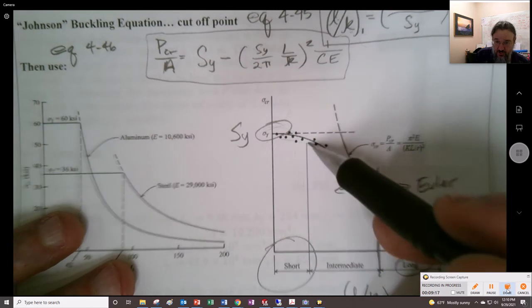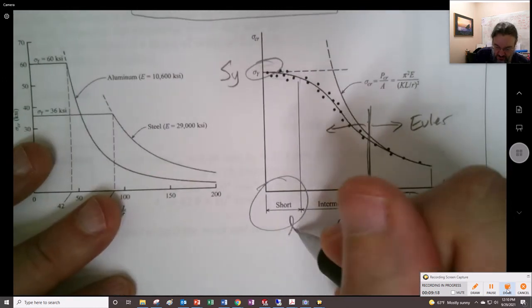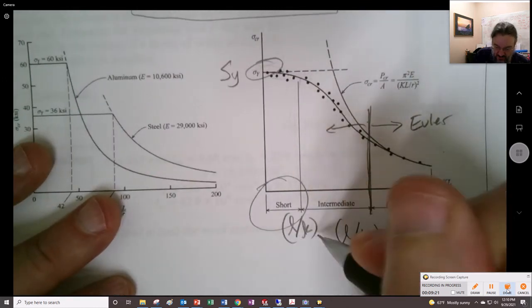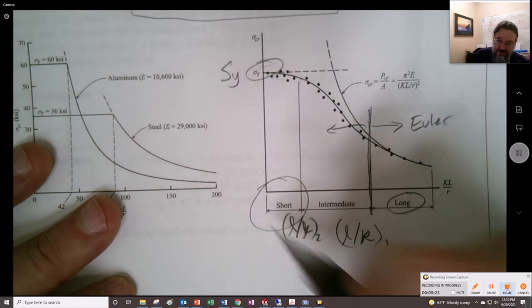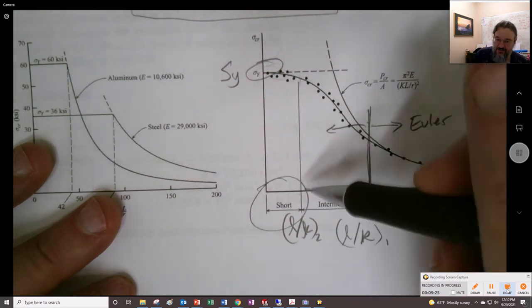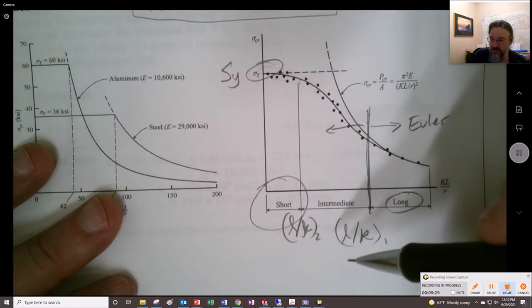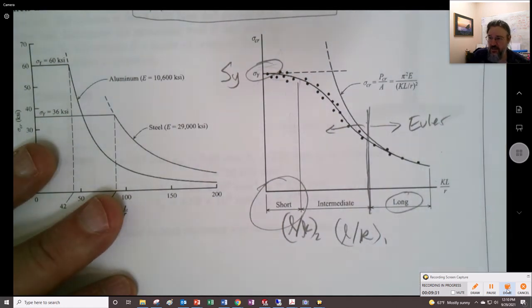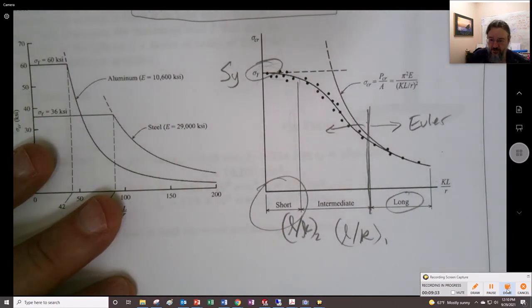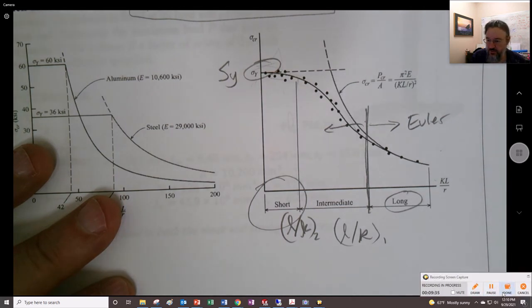And then below a certain limit right here, which would be the L over K2, we could say it's short and squatty, so its buckling isn't really as much important as the thing is just bending like any old beam. It's not a buckling phenomenon failure. So there we go, the end.